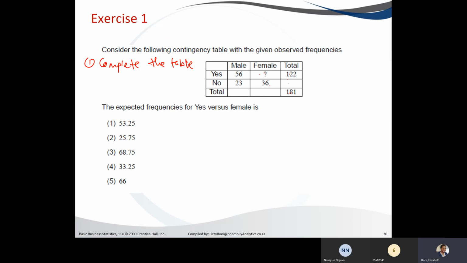Once you have completed the whole table, step number 2, calculate the expected values, not only for the answer, but for the whole table, because we're going to use it at a later stage. On a piece of paper somewhere, write the expected values there. Once you have calculated the expected values, then we answer this. You have 5 minutes.